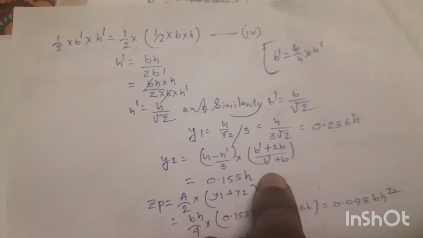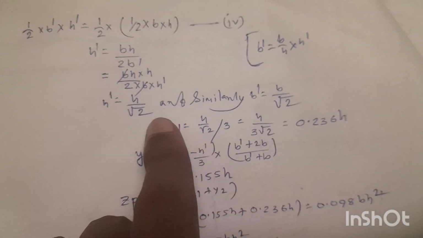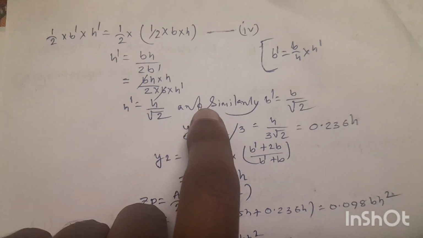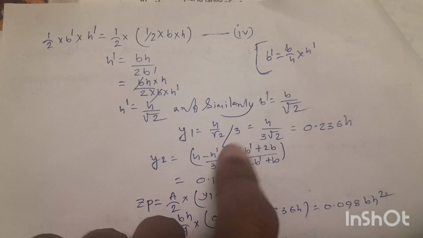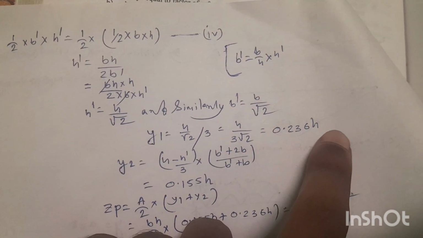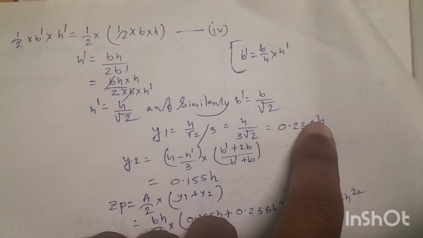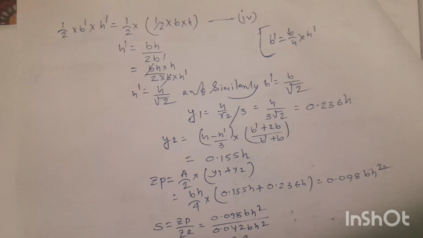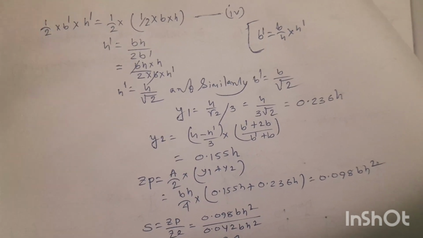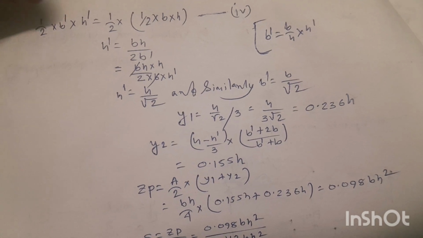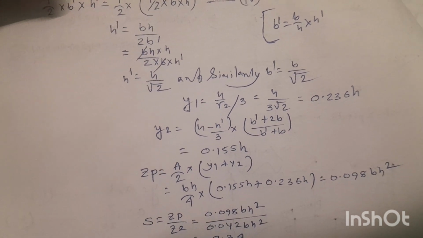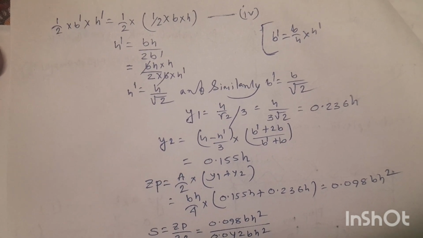So y1 will be equal to H by root 2 divided by 3, which is equal to 0.23236H, and y2 will be equal to (H minus H dash) by 3 into (B dash plus 2B) divided by (B dash plus B), trapezoidal formula, which will be equal to 0.155H.